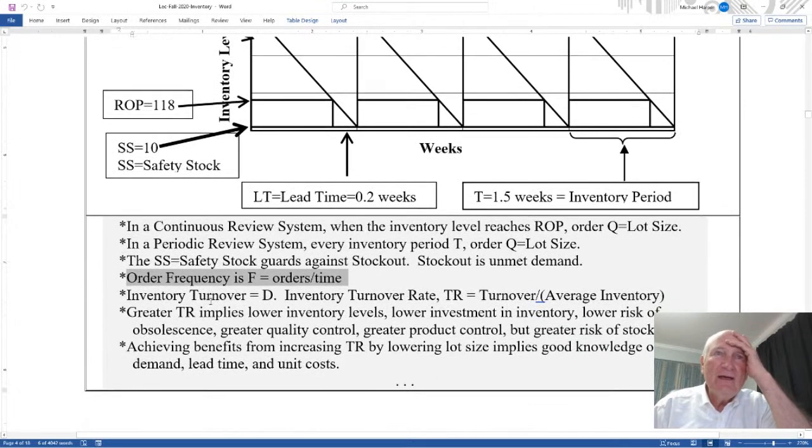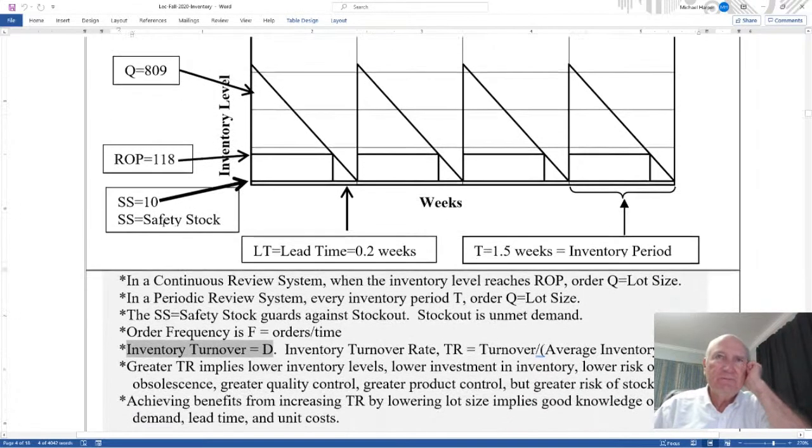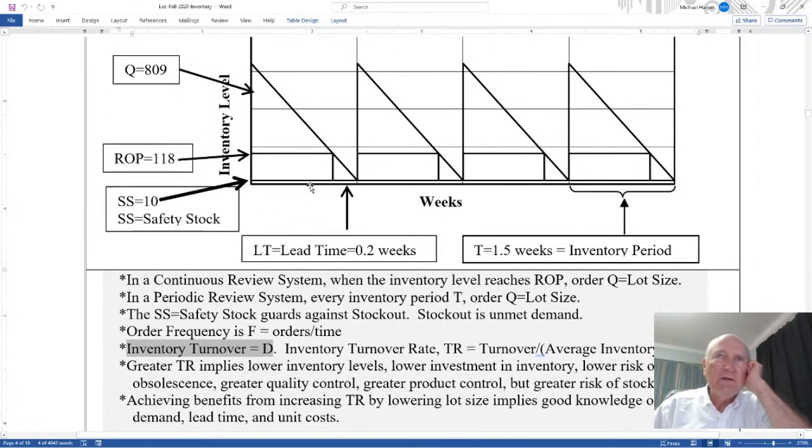So that's that. Turnover. Inventory turnover is D. In other words, that's how much inventory comes in and goes out of your inventory. So over 1.5 weeks, 809 come in and 809 go out. So my turnover is 809 over 1.5 weeks.